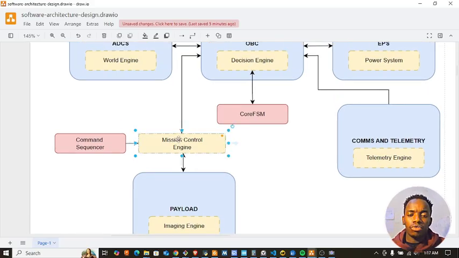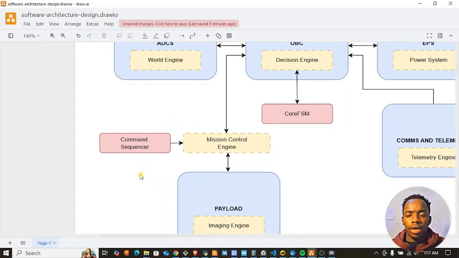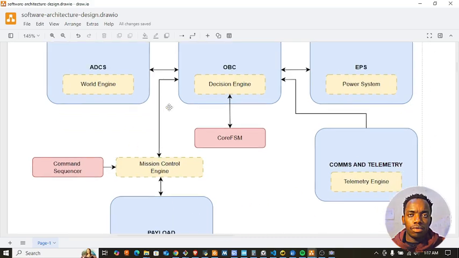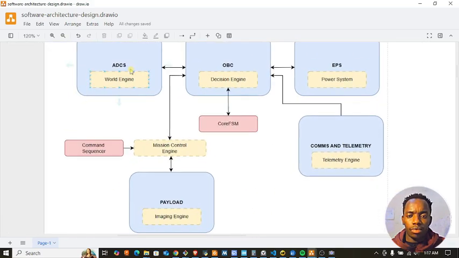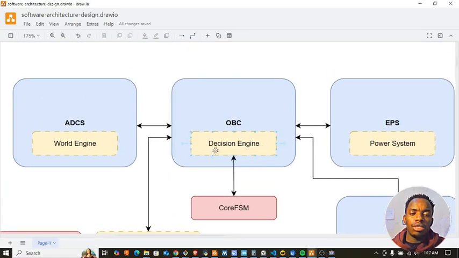So I'm designing the technical side that provides that data. Now we have a mission control engine here between the OBC and the payload. And you can see we have a command sequencer. I'll explain what that is in a few. Right, so all of the data from the four systems is aggregated into the onboard computer. Now the onboard computer is running what I'm calling the decision engine, right?